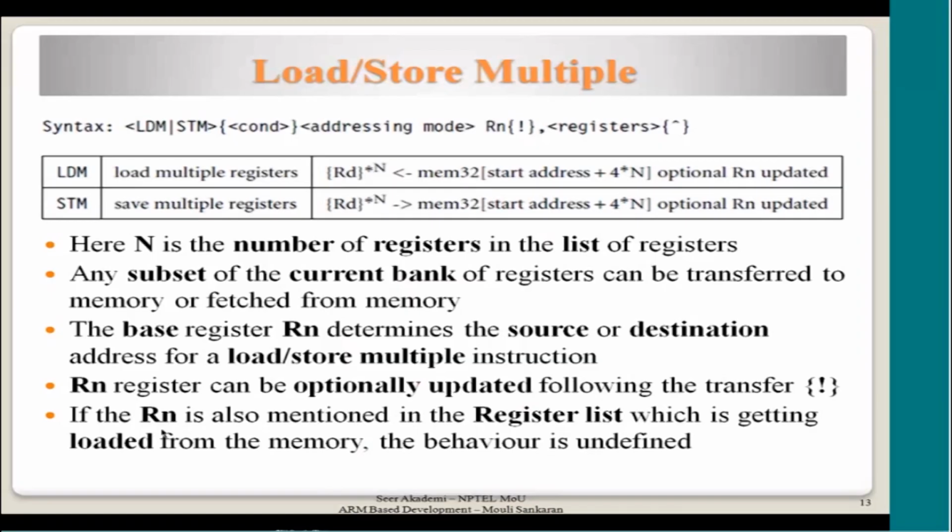At the same time, you are modifying it also as a part of the save or load. Especially when you are modifying it with a load instruction, undefined behavior is possible depending on the order in which you are doing it. So be cautious of giving the same base register in the register list also. It's better to avoid it.